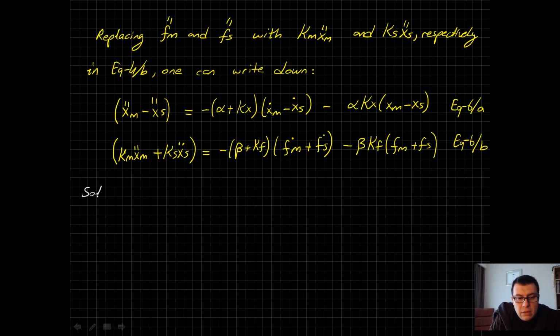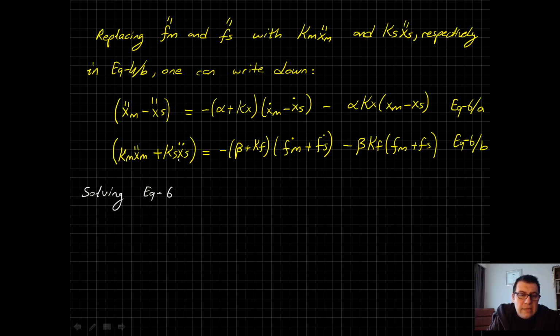Solving equation 6. When I say solving, actually I'm referring to that. Multiply the first equation by, let's say, ks. So you have ks xm double dot minus ks xs double dot, and add the second equation.